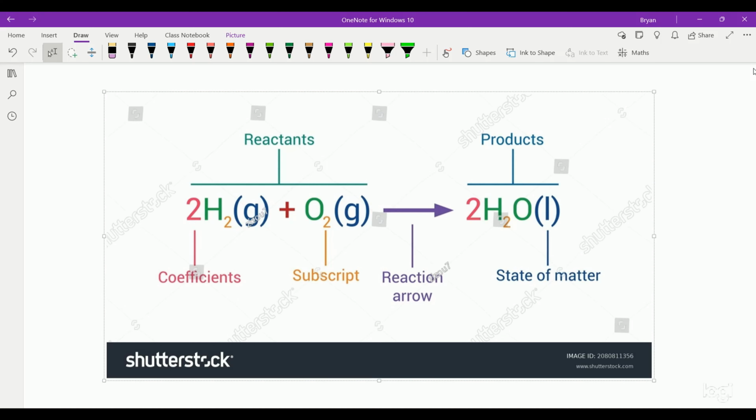So, balancing a chemical equation will ensure that this law is obeyed in our chemical reaction.